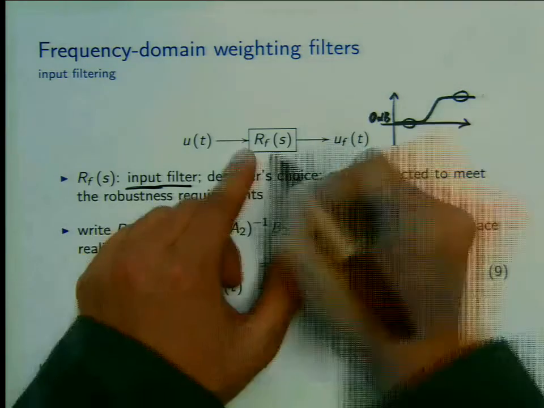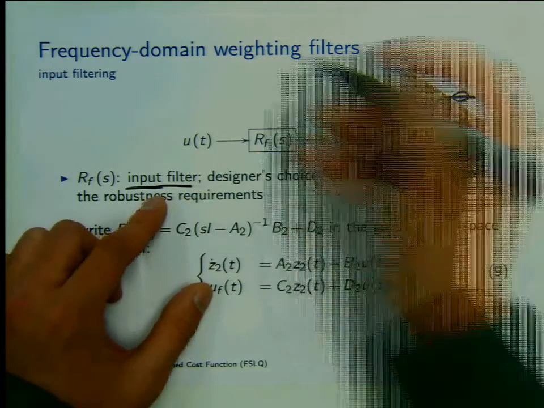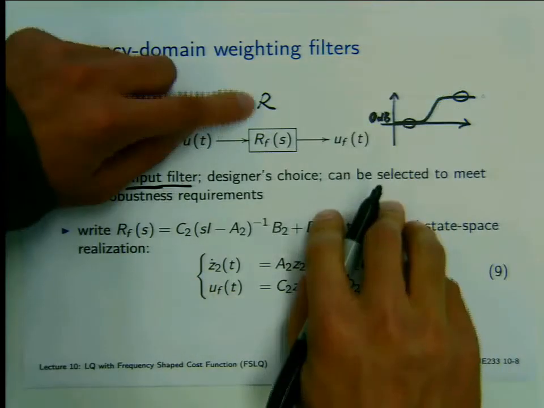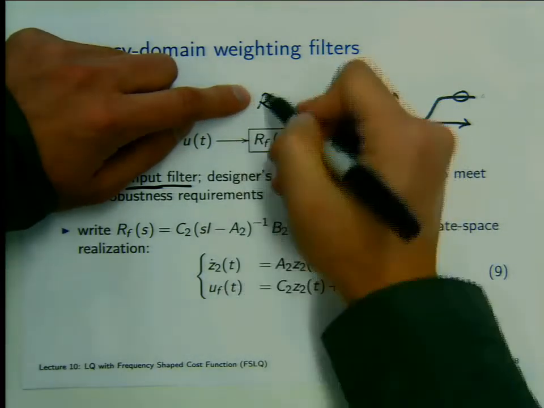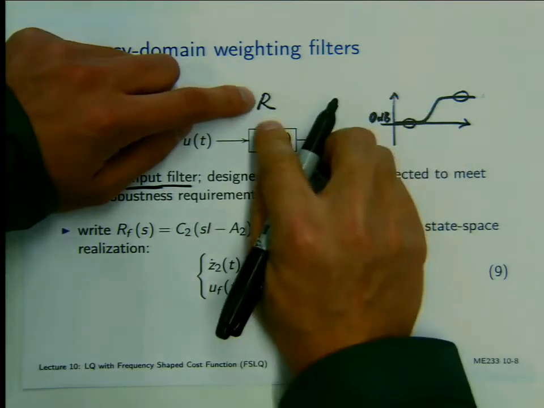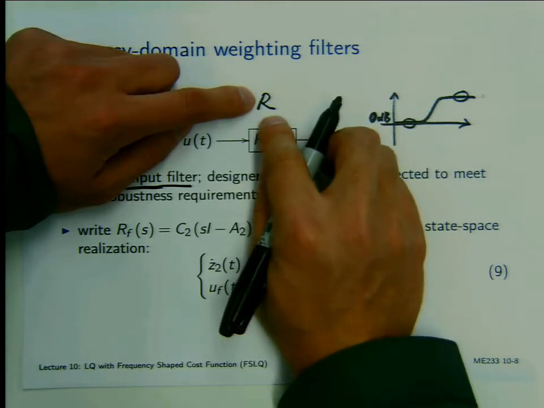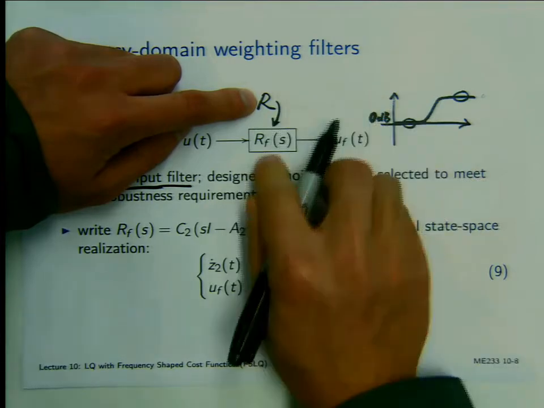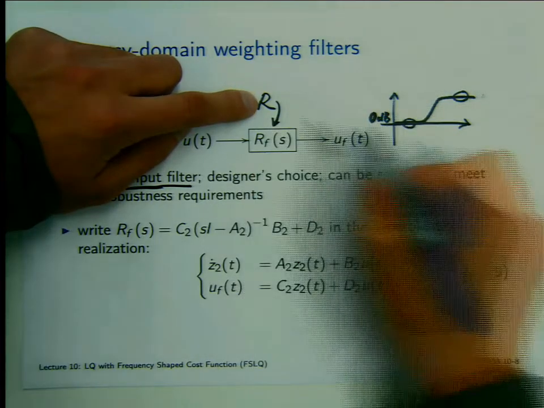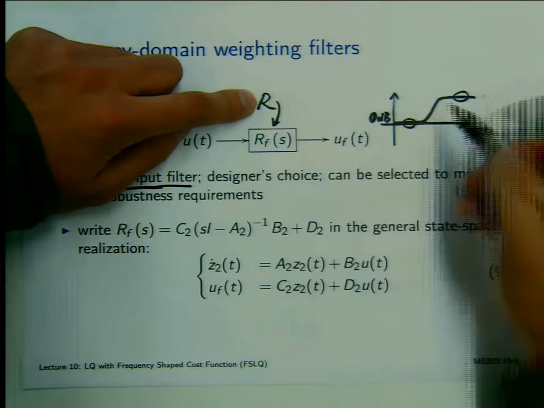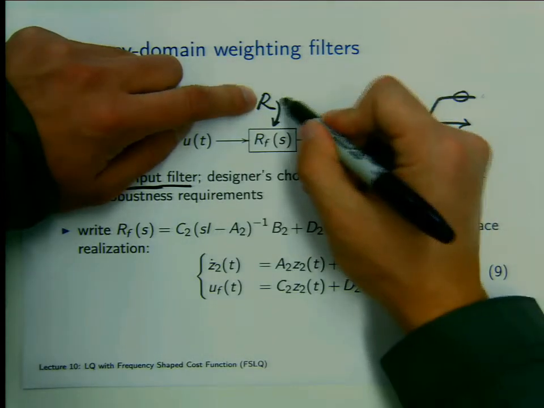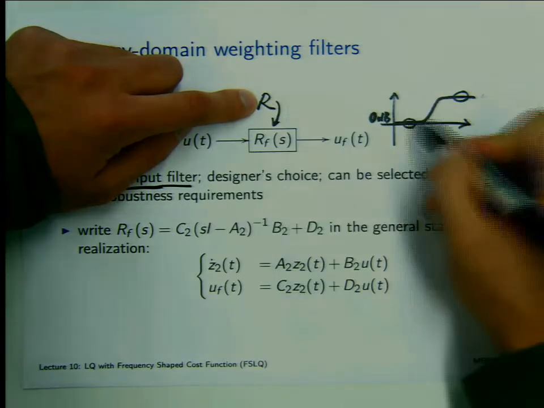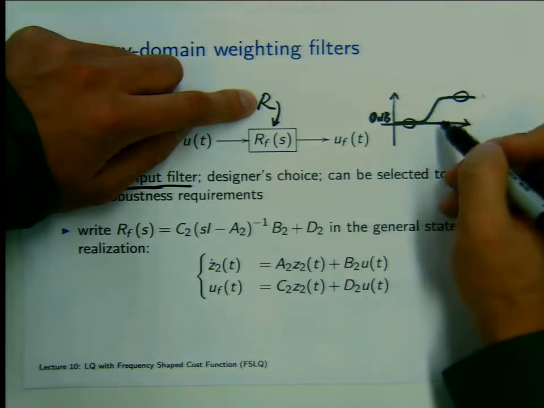We know how to design a constant R matrix; it's usually very easy. Now, when you go from a constant R matrix to RF, one convenient design is to make RF a scalar R times something that looks like this.